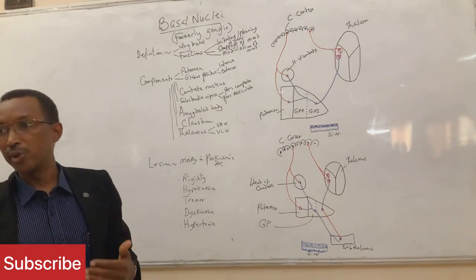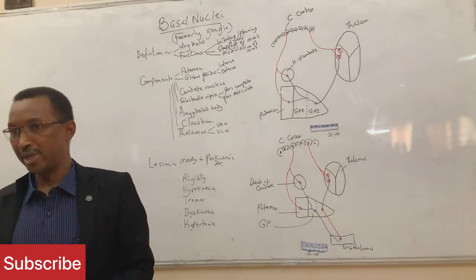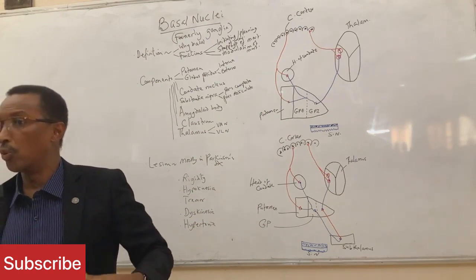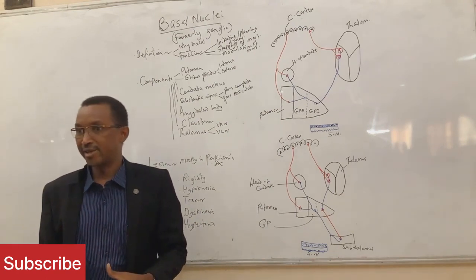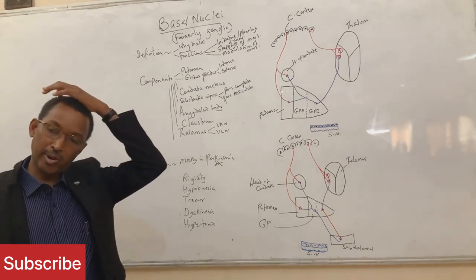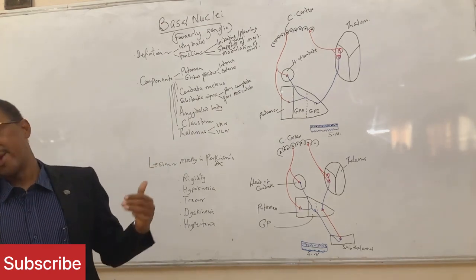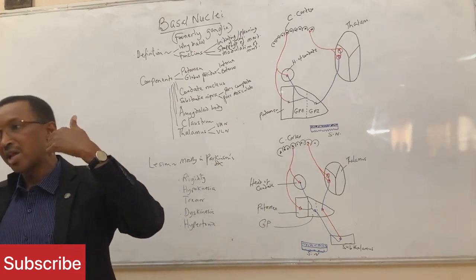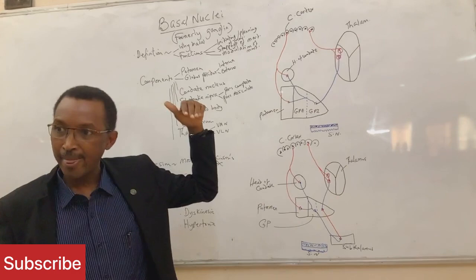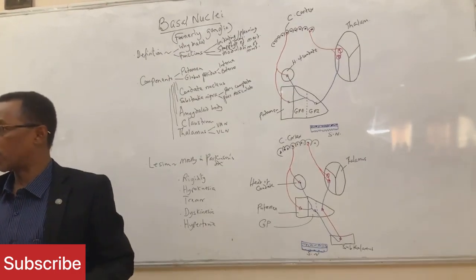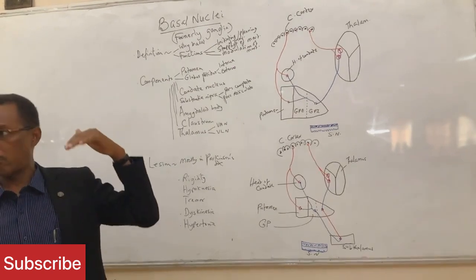So basal nuclei, why basal? You get it? Basal nuclei are a group of neurons that are located within the cerebral hemispheres. If you remember your lectures very well, we said that there are two cerebral hemispheres, left and right. And in each cerebral hemisphere, we have these subcortical nuclei. Why is it called subcortical? Because they are below the cerebral cortex.